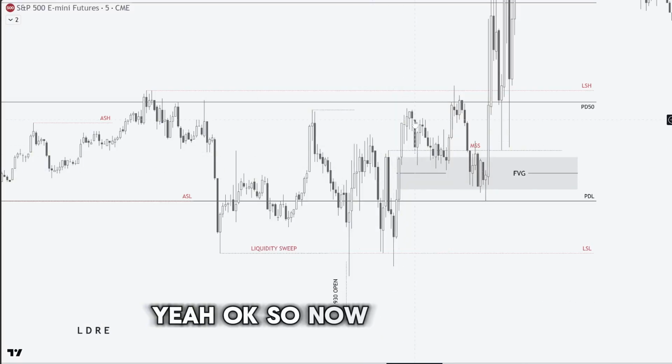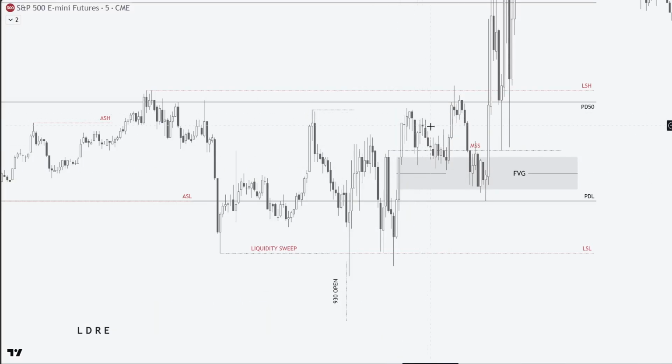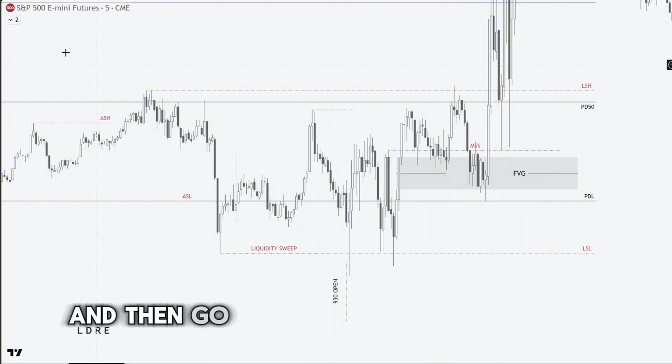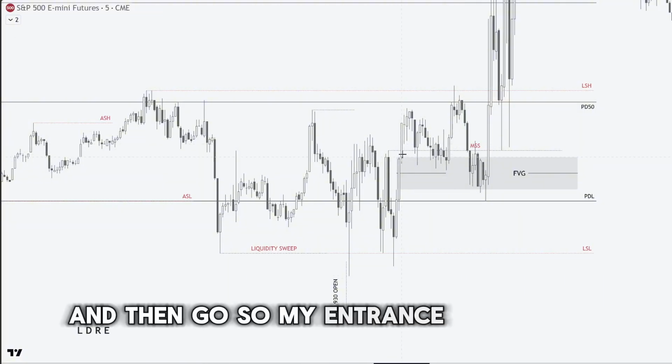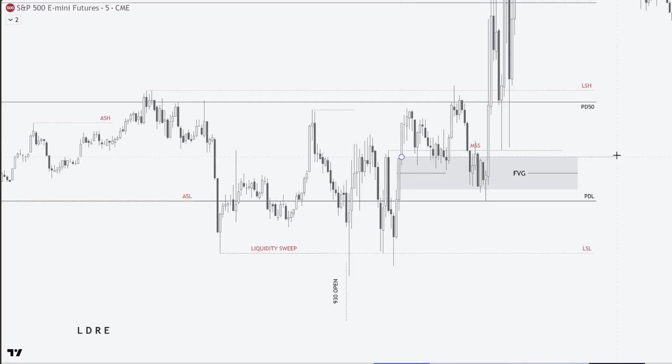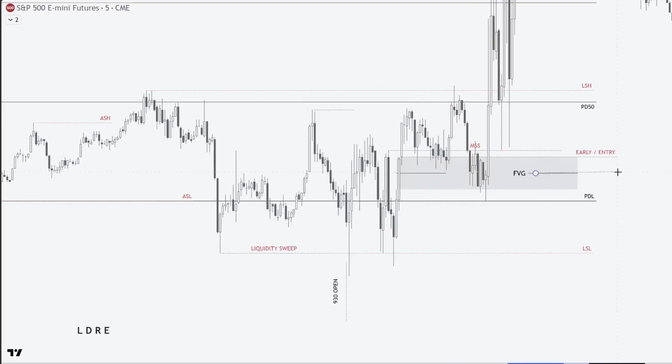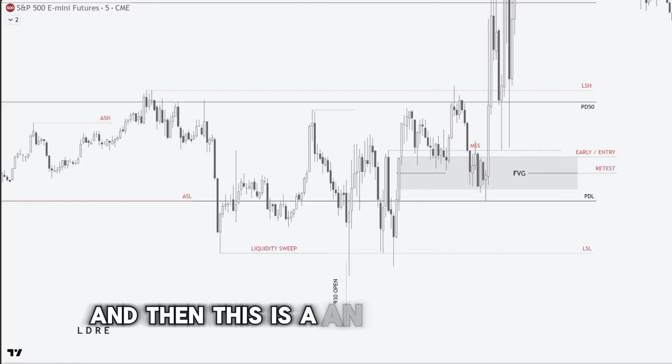Okay, so now I can enter right at the top of this thing, and then go. So my entrance is going to be first entry, and then this is an entry right here.